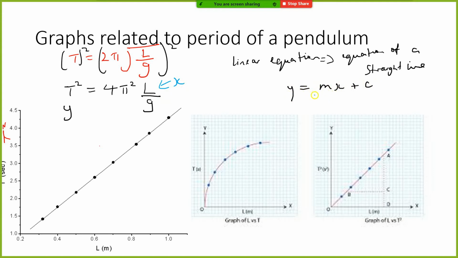With this equation, wherever x is, there's going to be a gradient beside it. M speaks to the gradient. So because my L, which is my x variable, is beside 4 pi squared divided by g, it means that M, which is my gradient, is equal to all of this information right here.